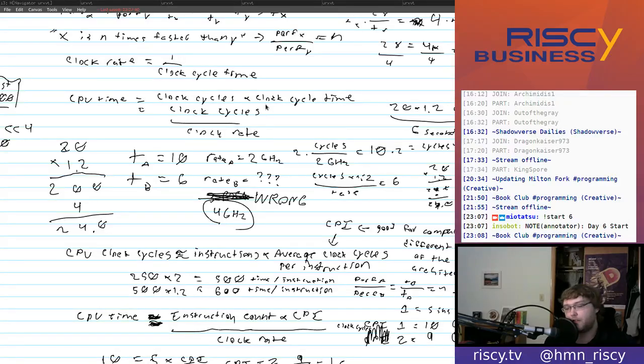So if we just invert that again, 1 divided by 0.376, let me just do this on my phone here. Okay, so that's 2.65.